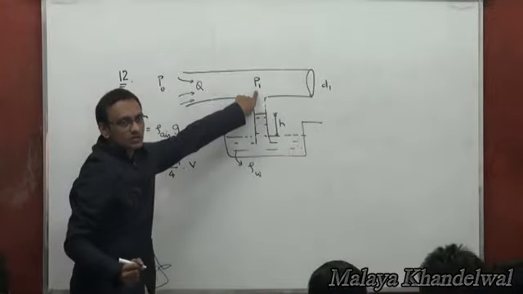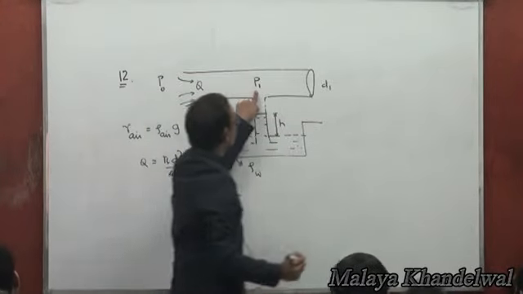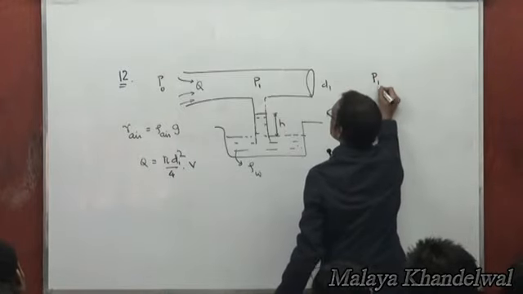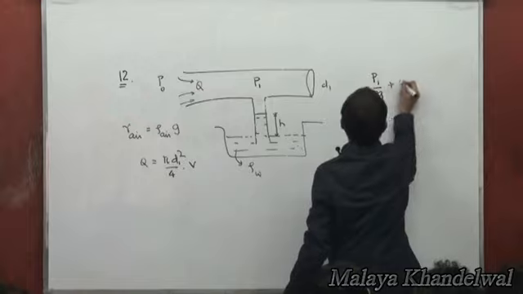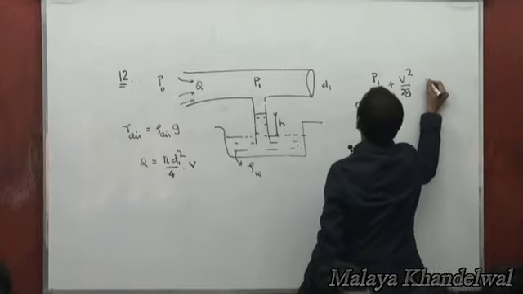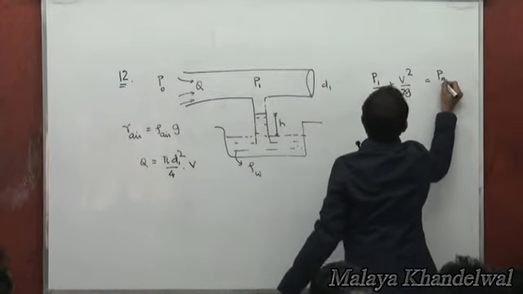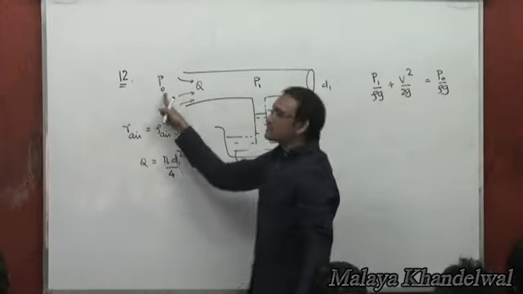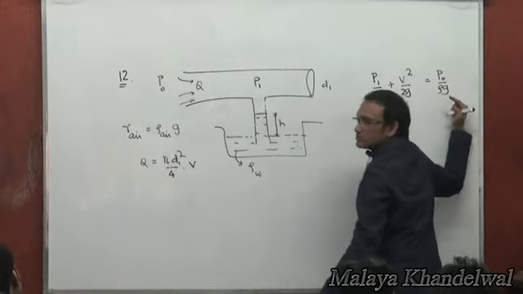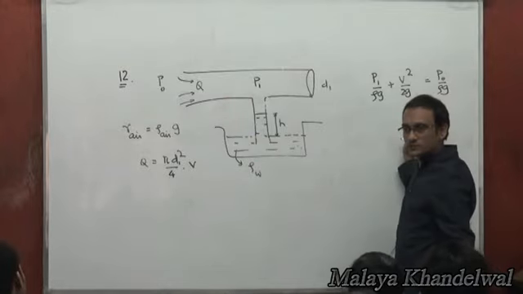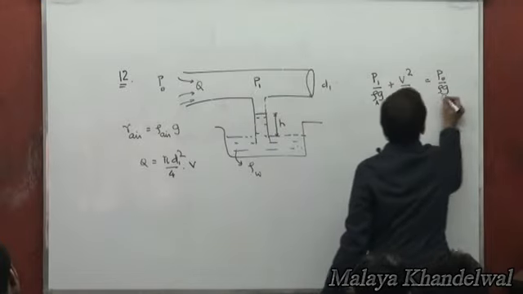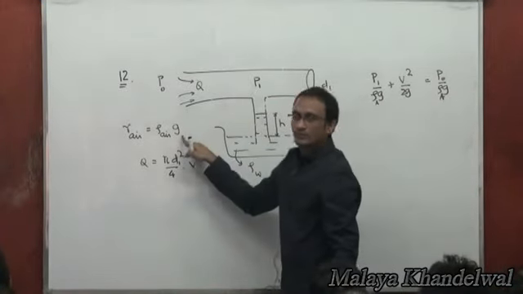So between this point and this point, if I apply Bernoulli's theorem, then P1 by rho g plus V squared by 2g, g is the same, must equal P naught by rho g. This is still air, where a low pressure region is created. Here rho is rho of air.